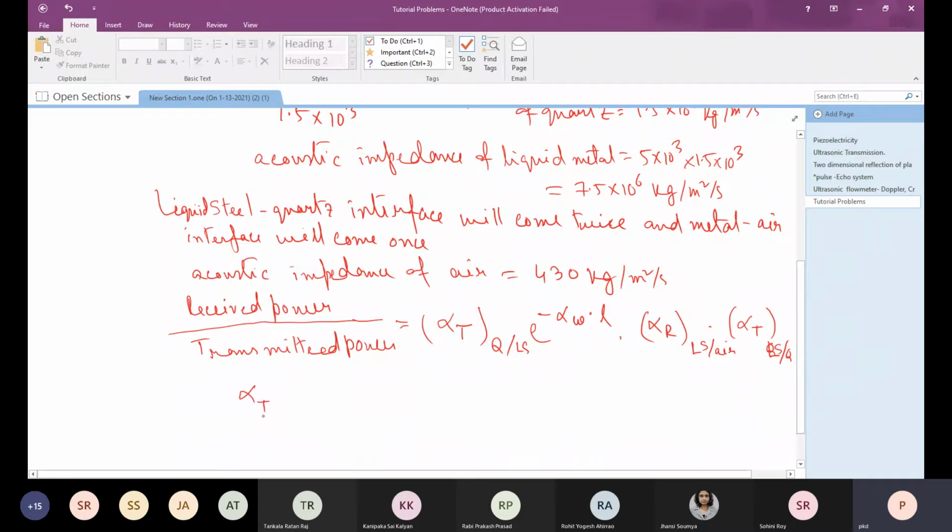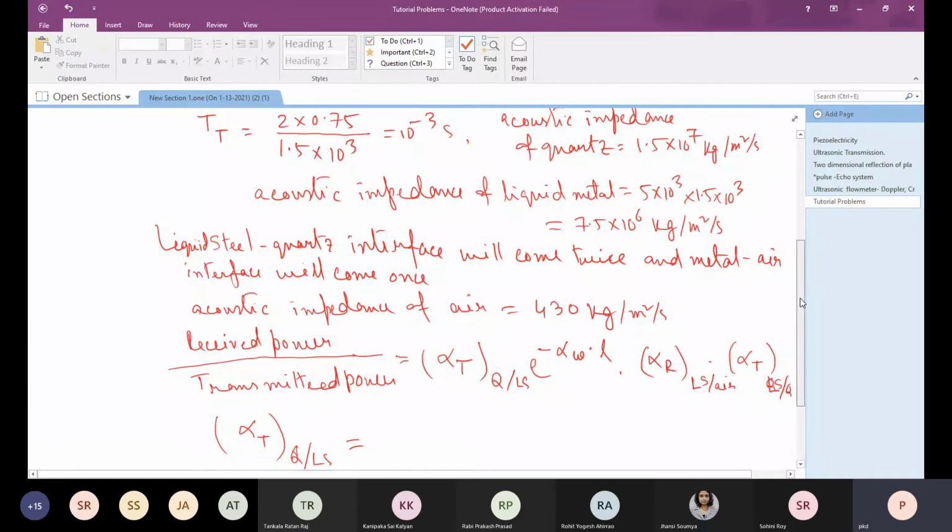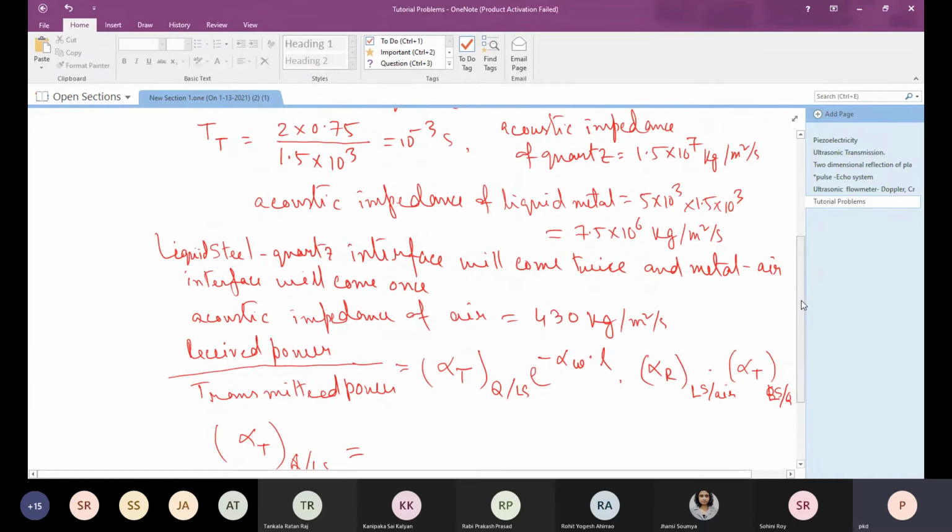So alpha T for quartz to liquid steel. Quartz is how much? 1.5 into 10 to the power 7, so that is 15 into 10 to the power 6.